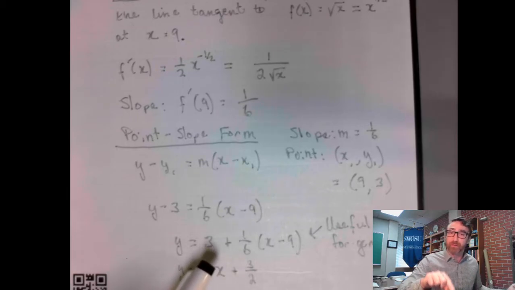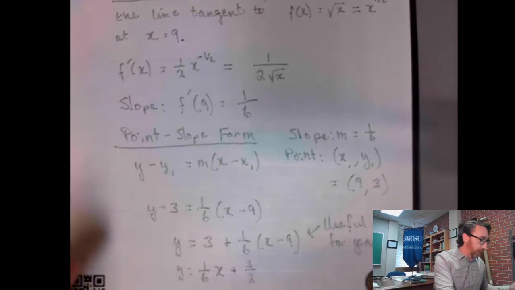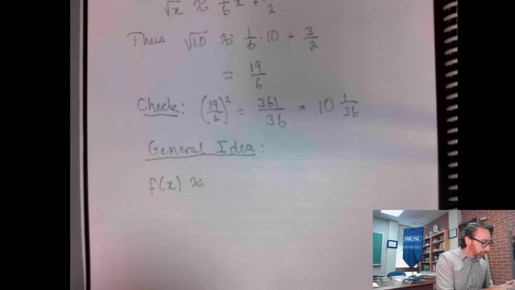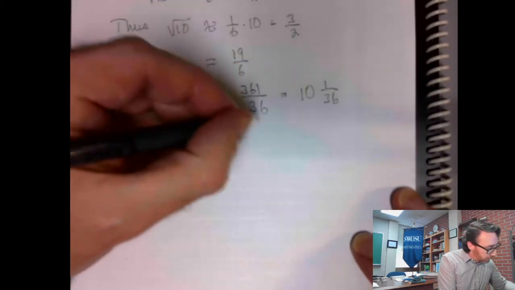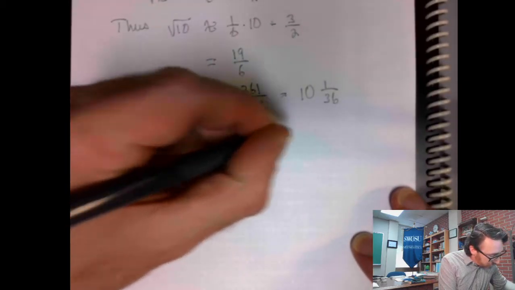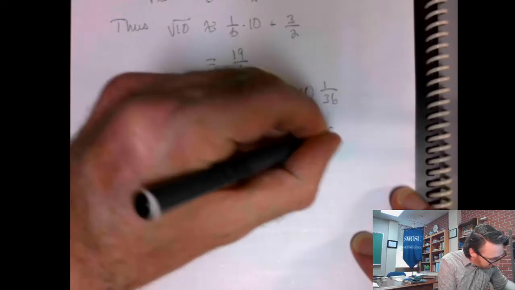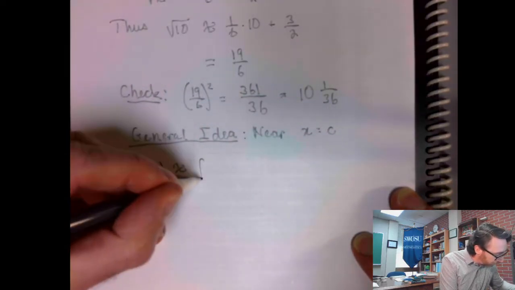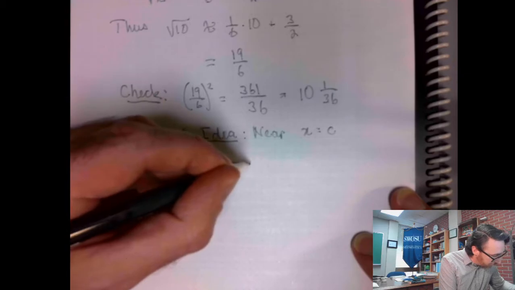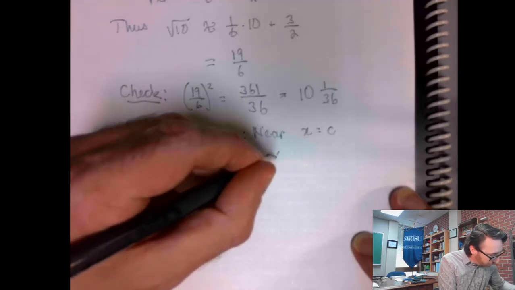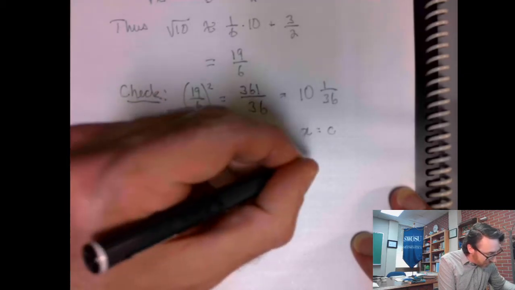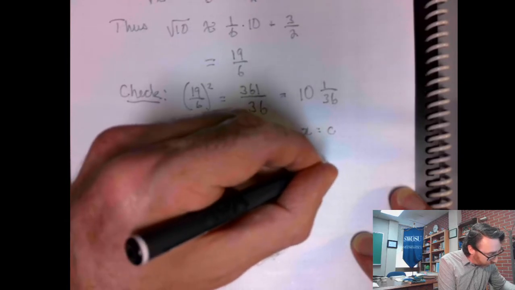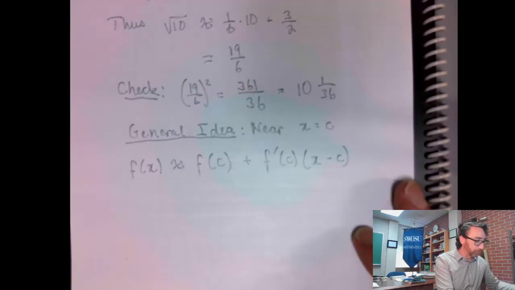It's 3 because that's the value of the function at x equals 9. So near any point C, near x equals C, f of x is approximated by f of C plus f prime of C times x minus C.